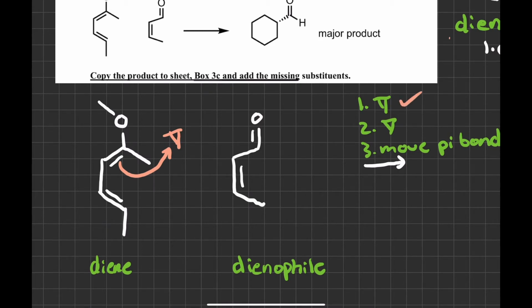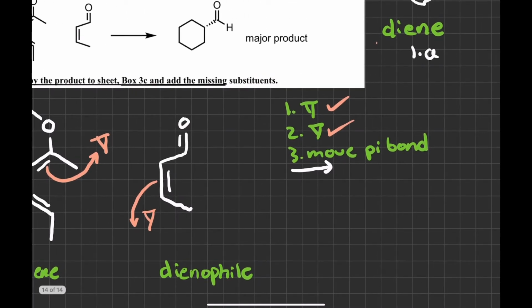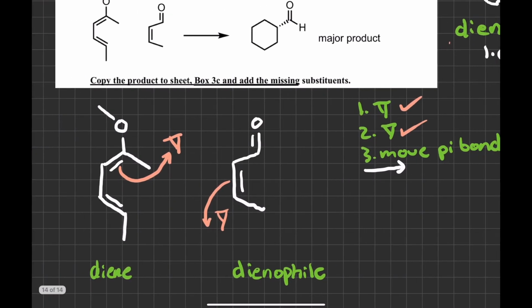And that checks out step 1. Step 2, this pi bond forms a new sigma bond to connect the diene and dienophile. So that checks out step 2. And the last step, we move a pi bond. So this pi bond will simply move over to this spot here. Okay, that checks out.